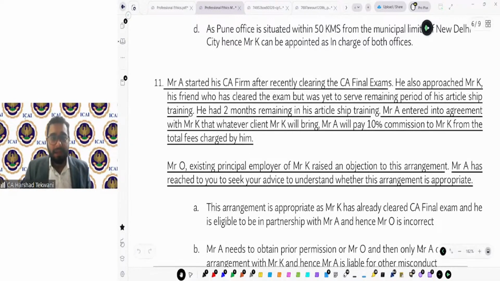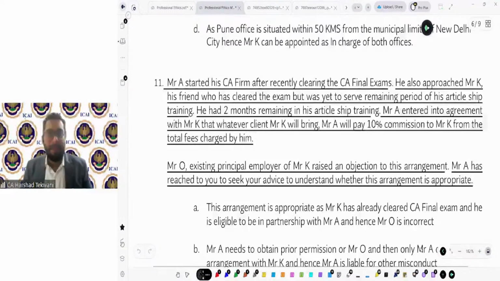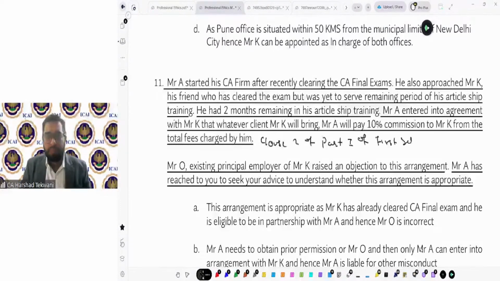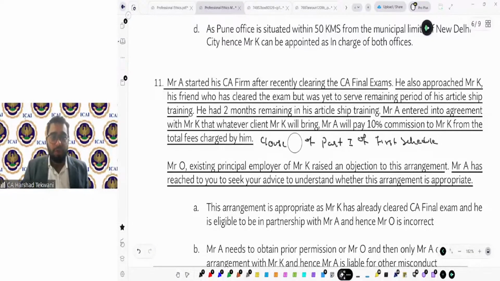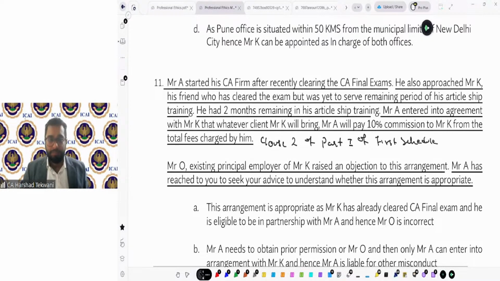In that case, the relevant clause that will be applicable will be clause 2 of part 1 of the first schedule. Based on that, this is an improper arrangement. If Mr. A still goes with this arrangement, then he can be held guilty of professional misconduct.